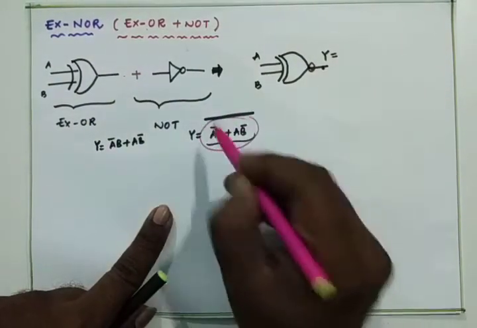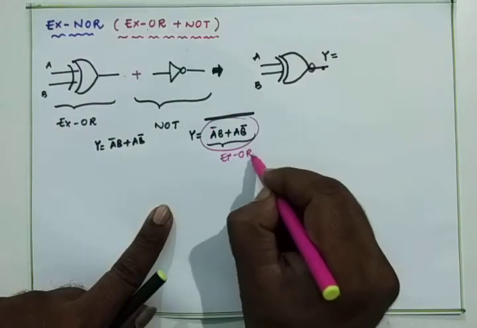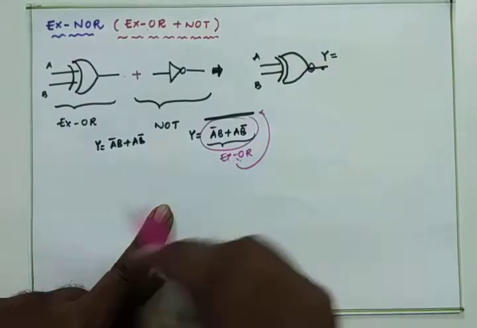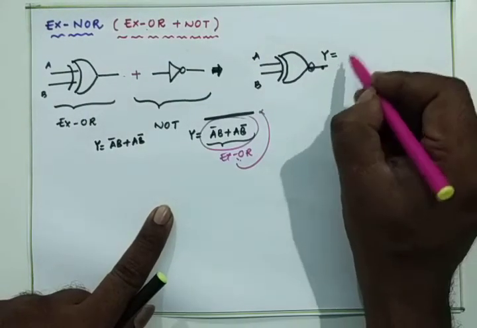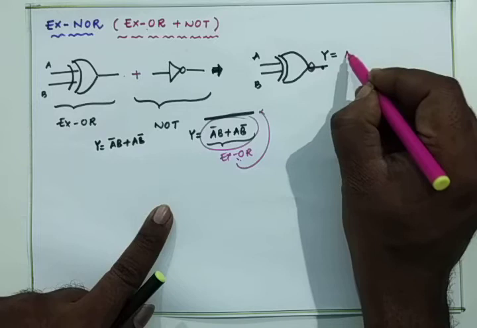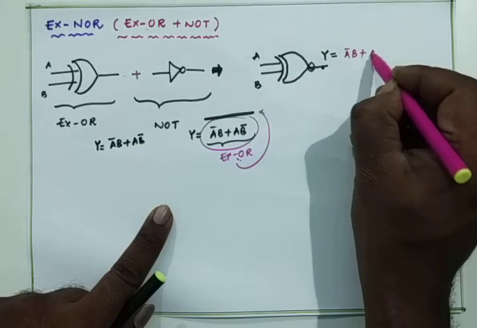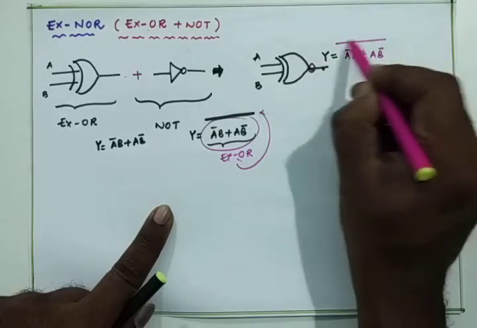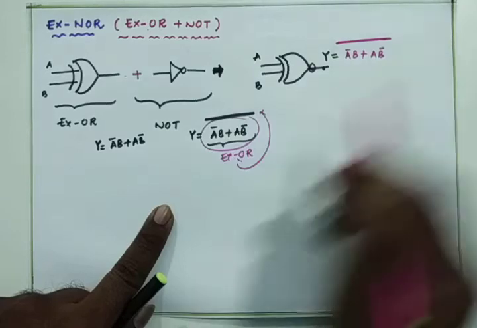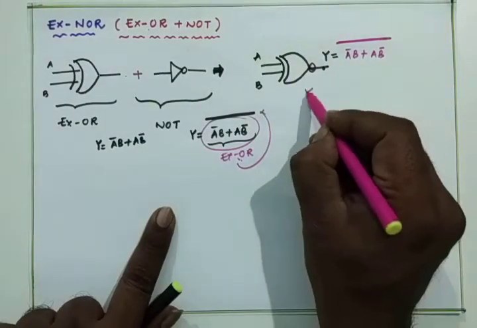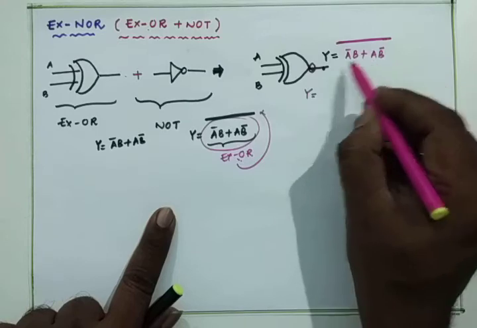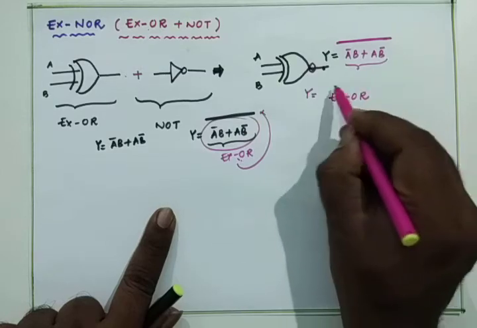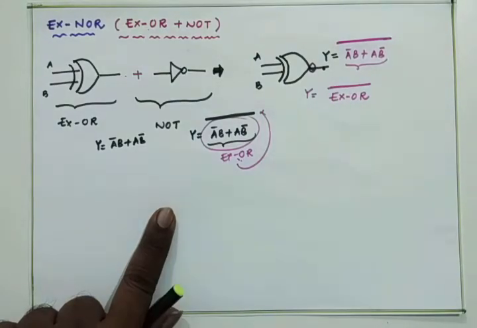This total is the exclusive OR gate, but we require the exclusive NOR, so the complement of that will be the exclusive NOR. This is the XOR output, and its complement will be the XNOR output.